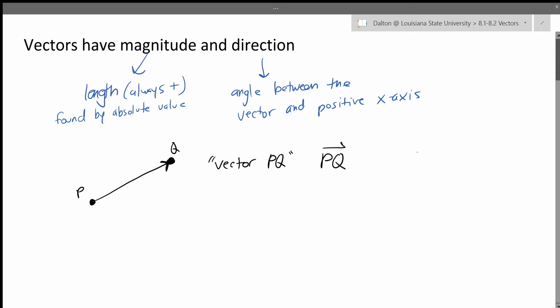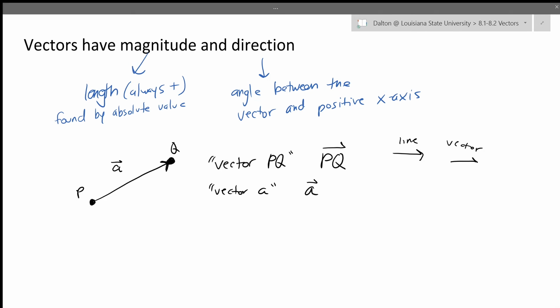So instead of being a full line symbol, the vector symbol will just be a top part of the arrow. Okay, so that's a vector. You can call it vector PQ. Sometimes you'll see a small lowercase letter to the outside of a vector. So you could also call it vector a, denoted by a lowercase a with the vector symbol on top. So either one of these would do.